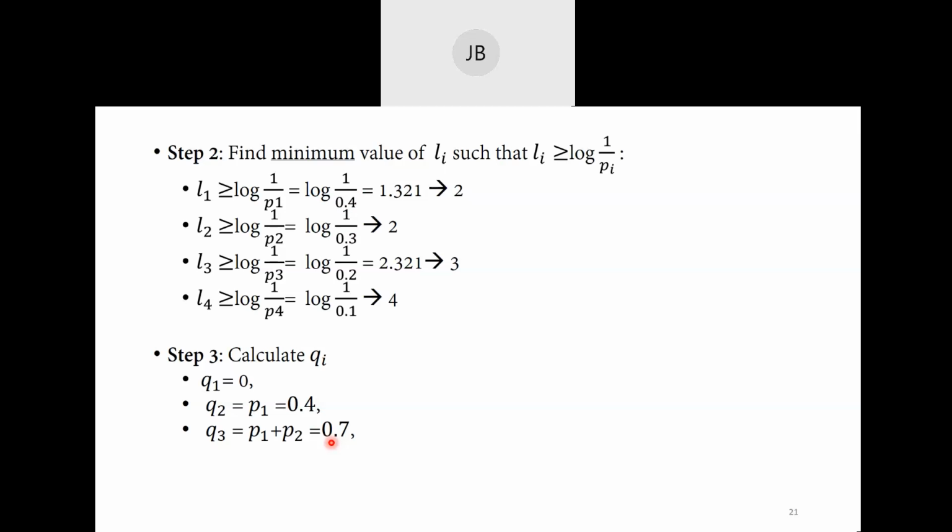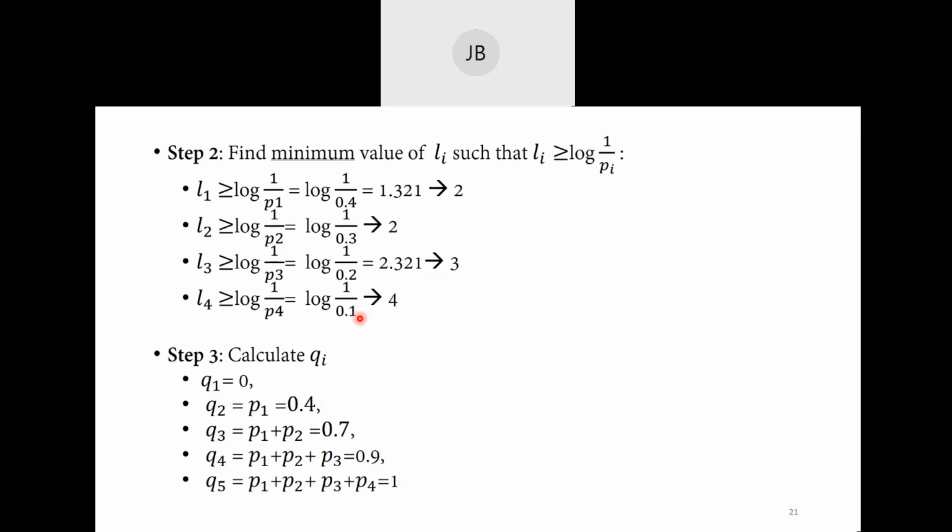And the next value is obtained by adding three probabilities 0.4, 0.3, and 0.2, that is 0.9. The next one is of course 0.4, 0.3, 0.2, and 0.1. That gives us the value of 1. So that's the final step. So we have all these Q parameters ready now.